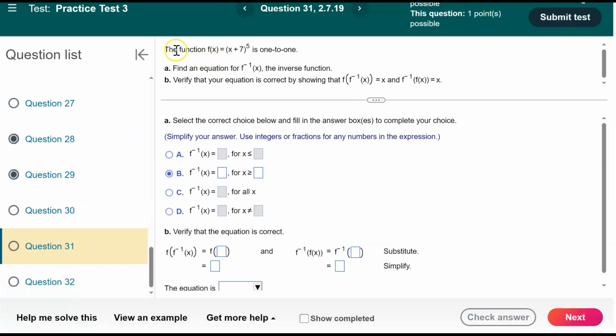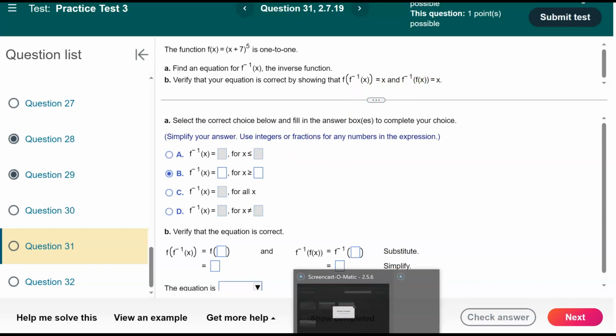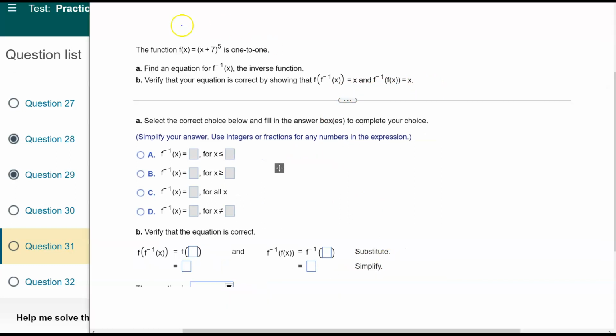Right, next, number 31. We are to find the inverse of this one-to-one function here and verify that the equation is correct. To do that, first you write f of x as y, so you have y equals x plus 7, quantity raised to 5.